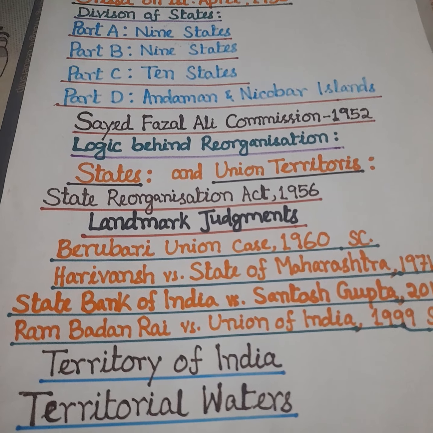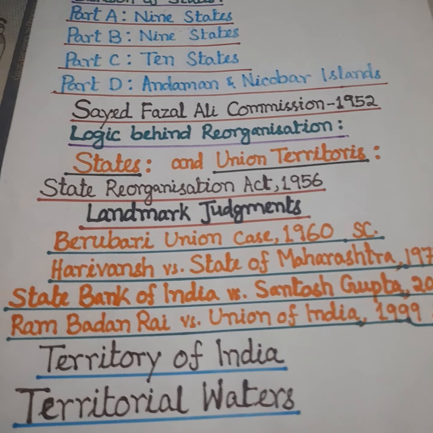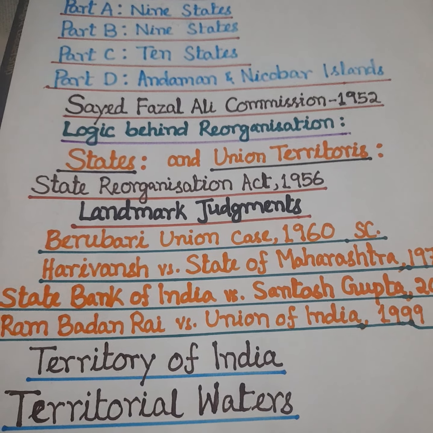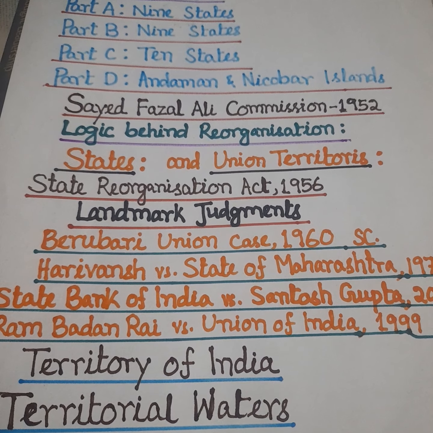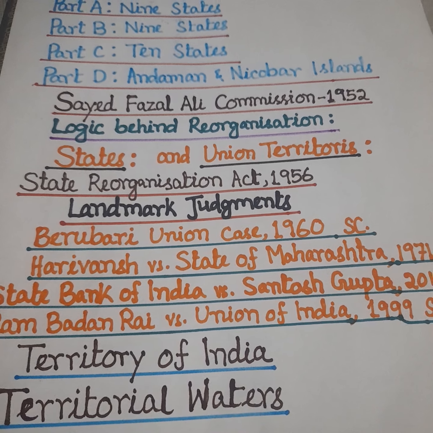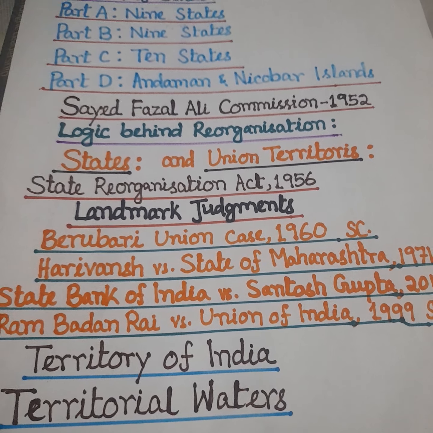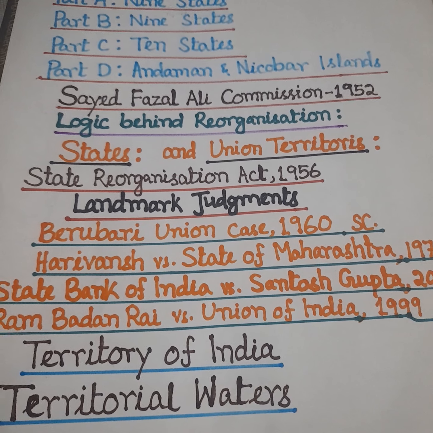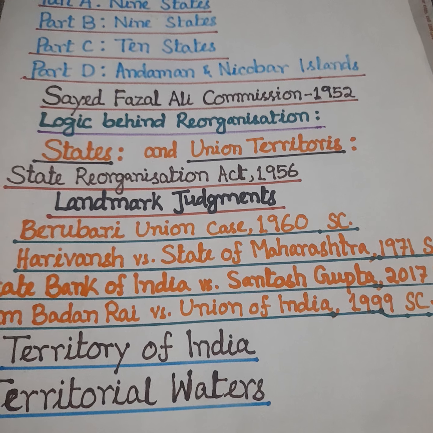In that connection, we would like to discuss the formation of the states as per the recommendation of the Fazal Ali Commission, which submitted its report in 1955, and ultimately the States Reorganization Act of 1956 was enacted.